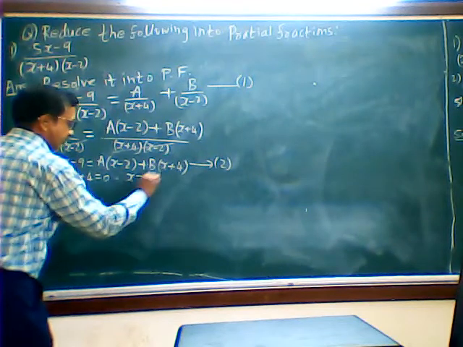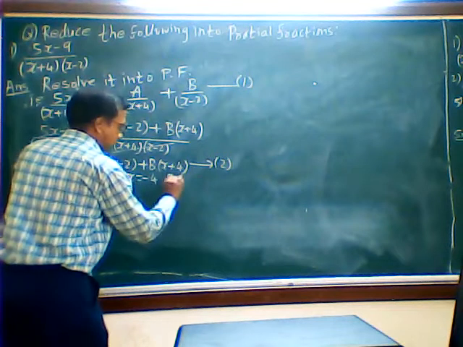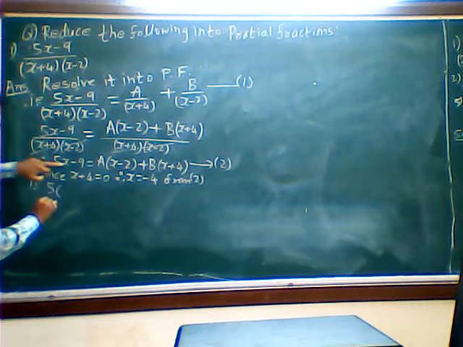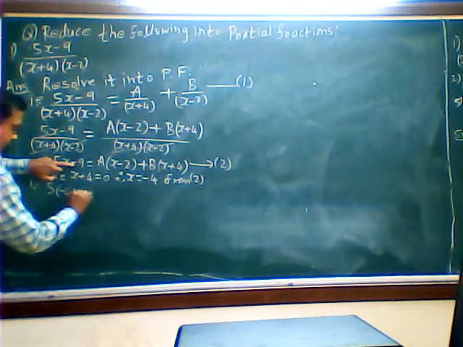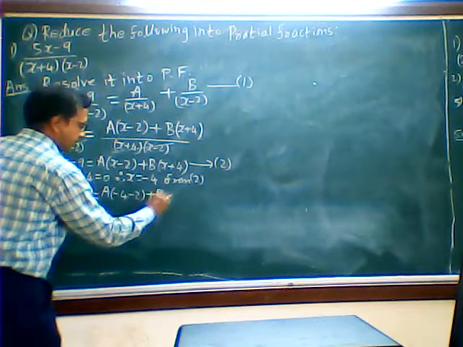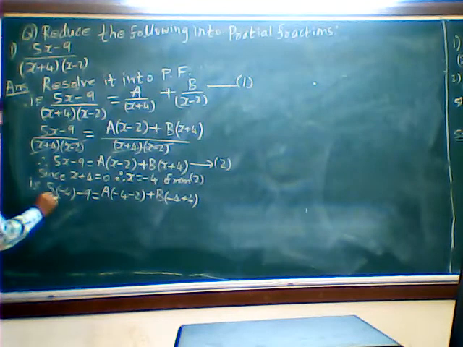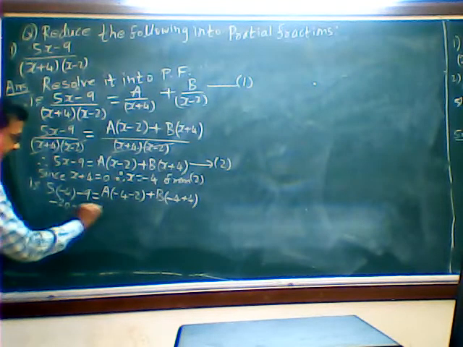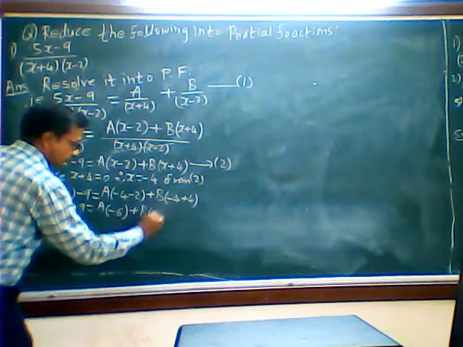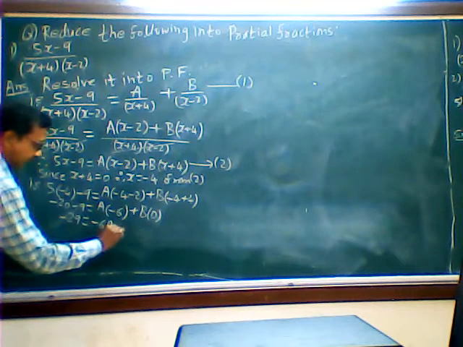Therefore x is equal to −4. From equation 2: 5 into (−4) − 9 = A(−4 − 2) + B(−4 + 4). 5 into −4 is −20, minus 9 is −29, and this will be −6A plus 0.